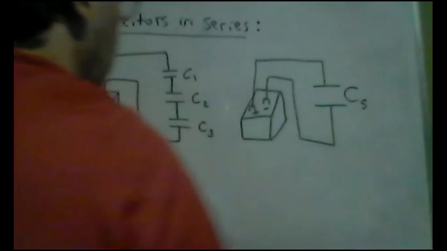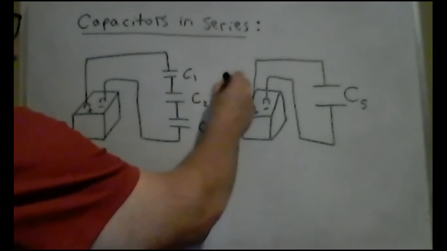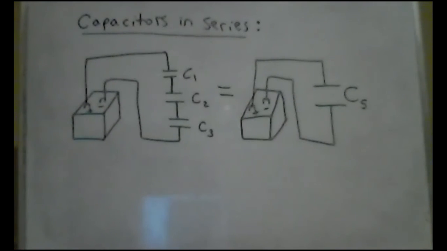I'll call it C, and I'll put a little S for series. I'd like the two to be equivalent to each other, the left arrangement equivalent to the right arrangement. How do I do that?